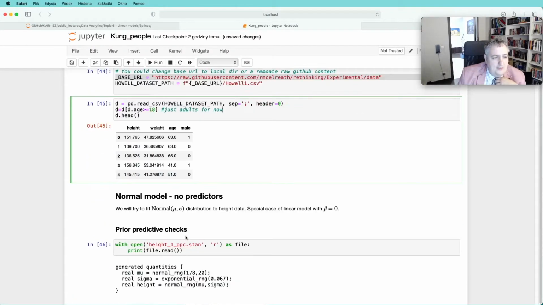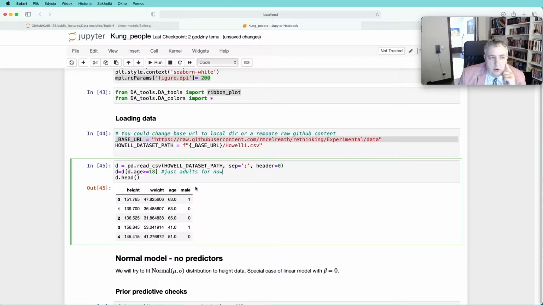So we have our data, the Kung people, consisting of smaller people, around 150 centimeters or less, also with low body weights, and their ages.